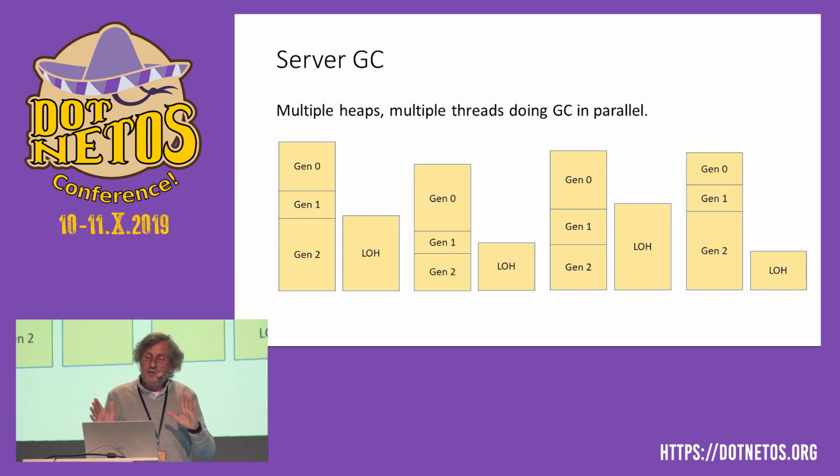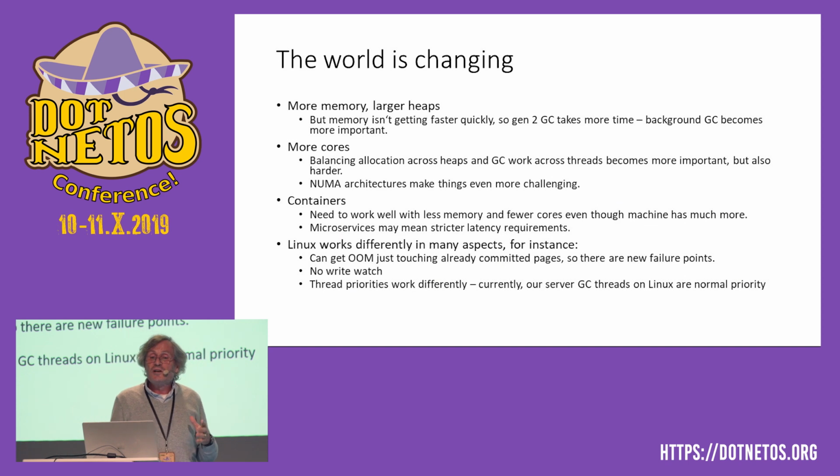And I also want to mention that again here we have background GC doing generation 2 collections, and that is because Gen 2 collections otherwise would be too slow. Especially because the world is changing in the sense that memory sizes keep getting bigger.